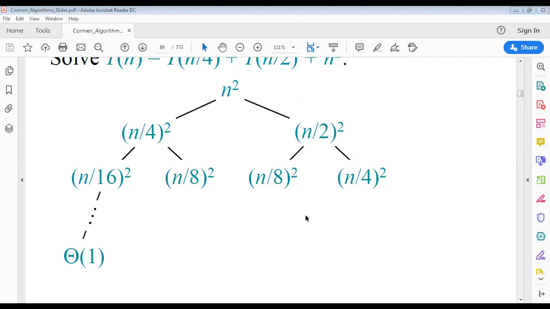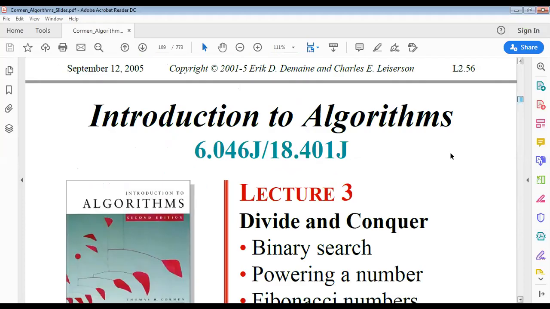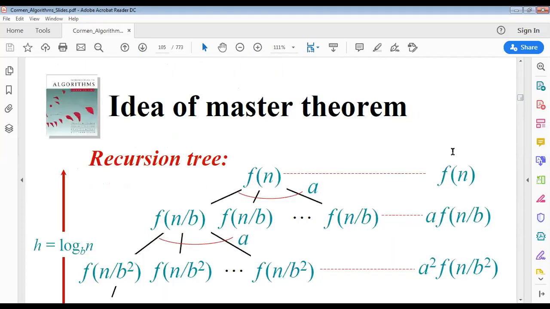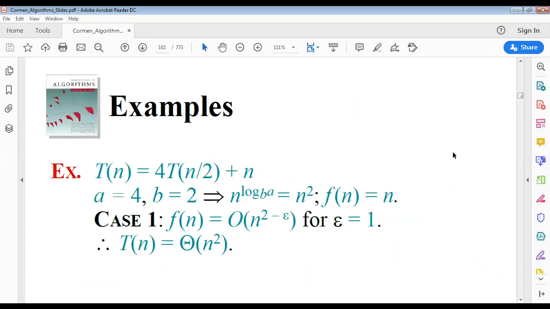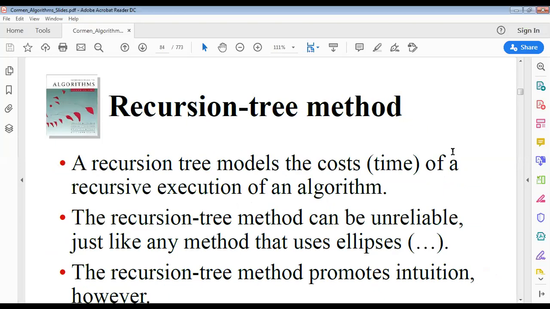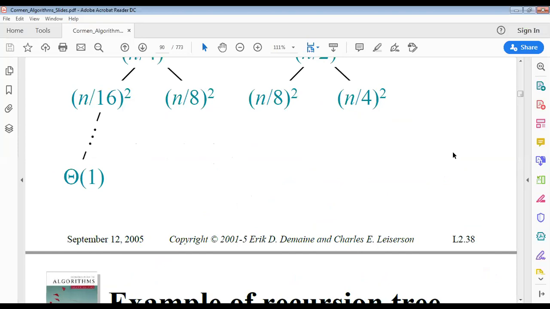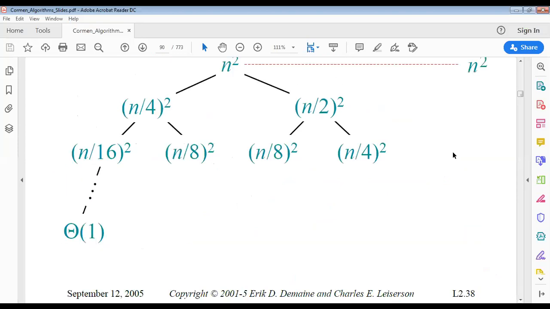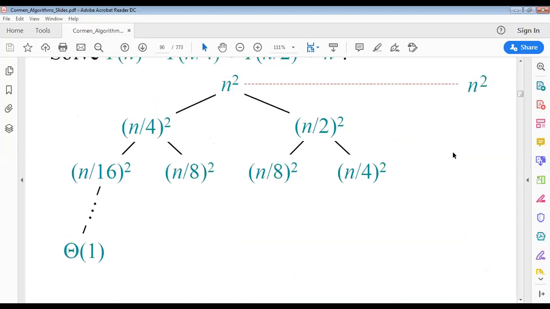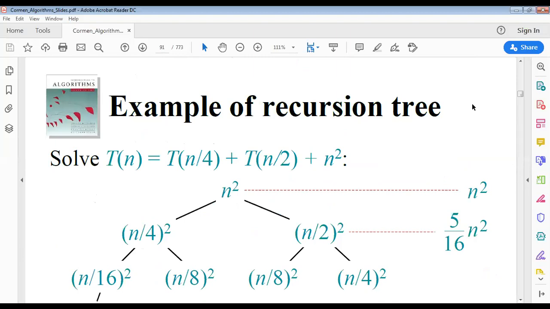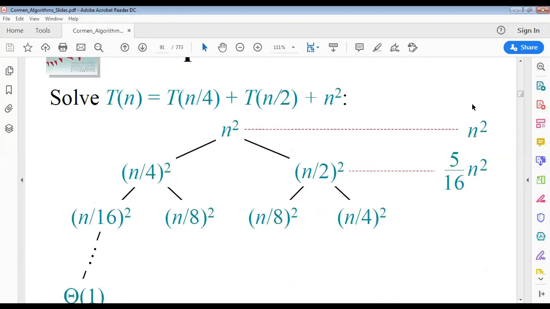So this process will continue till we get theta 1. So if we sum at each level, the first level sum will be n square, the next level will be 5 over 16 n square.